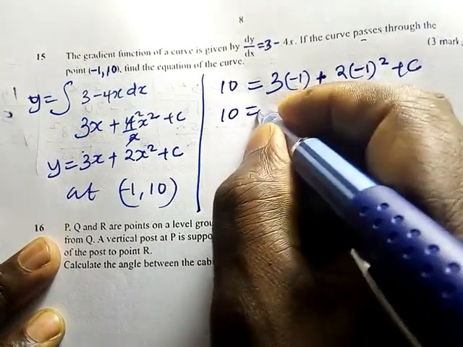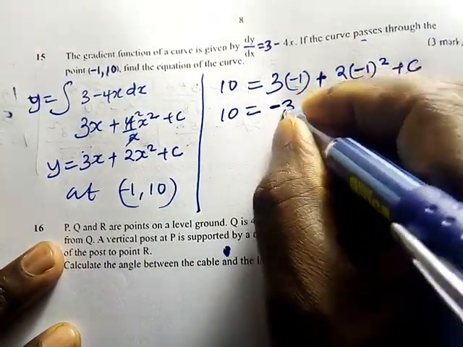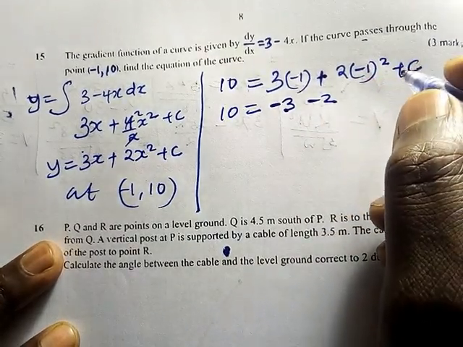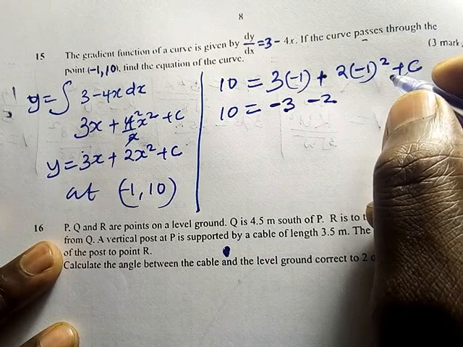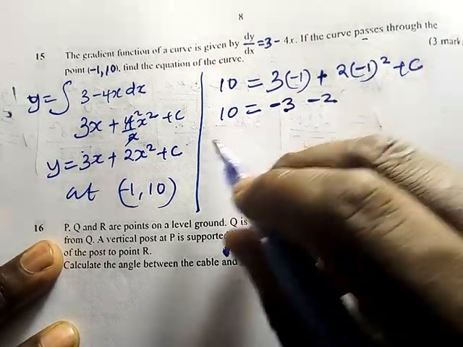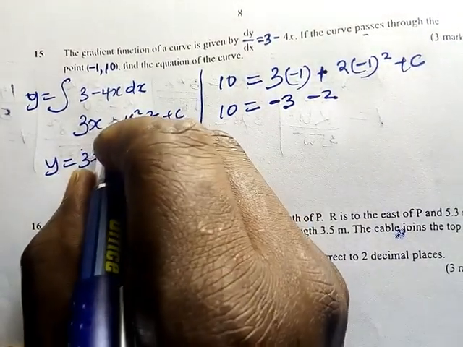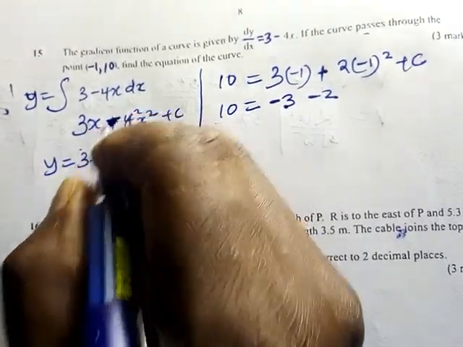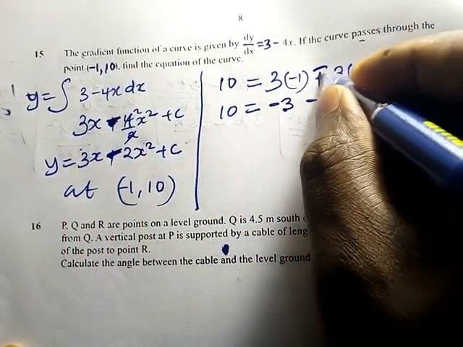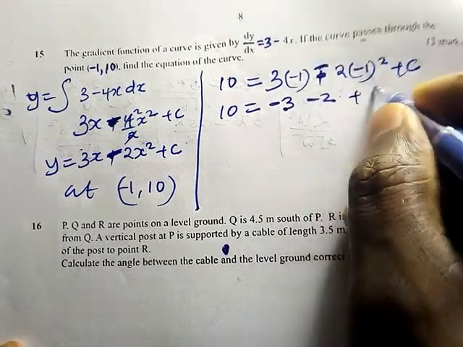Take note that this is supposed to be negative. So 10 is equal to -3 minus 2 plus c.